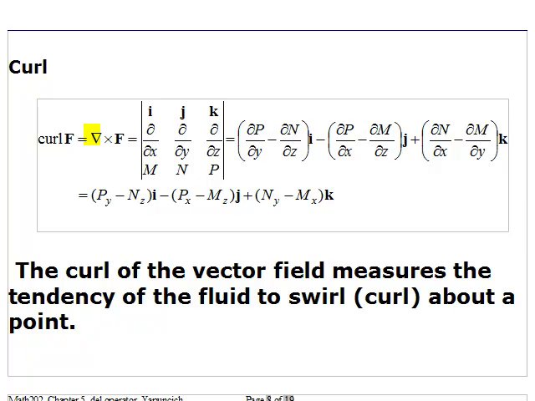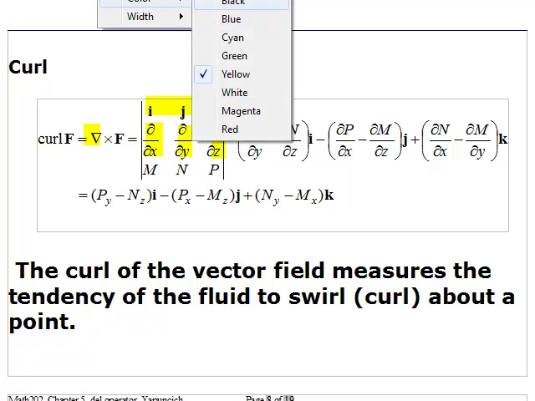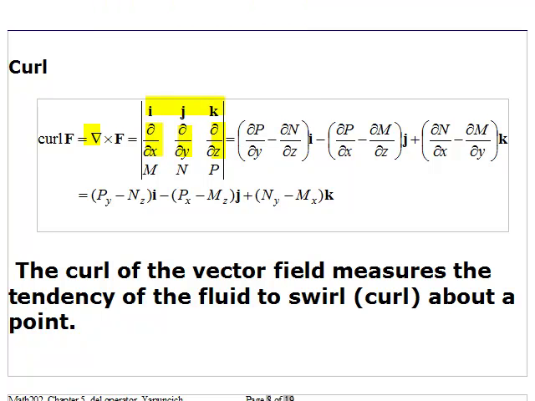So like any cross product, we'll have ijk up in this top row. The next row will be whatever is the first vector, and we'll just put the components here. In that case, they're operators. And in the third row, we put the components of f, the i component, which is m, the j component, which is n, and the k component, which is p.